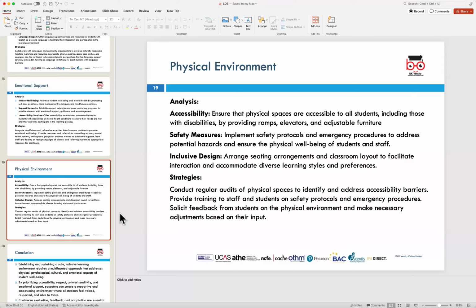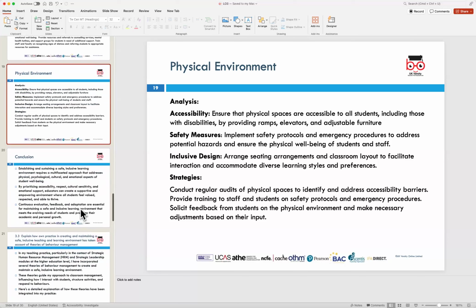And this allows them to again feel safe, motivated, and obviously because of the physical environment, they are able to overcome these barriers, and that is where it allows them to give them equal opportunities as far as providing them a safe and inclusive environment is concerned.